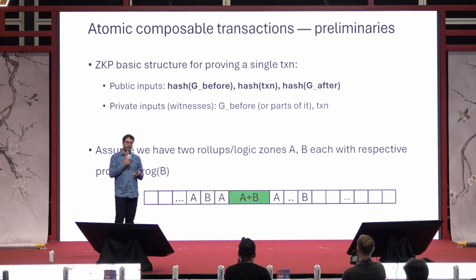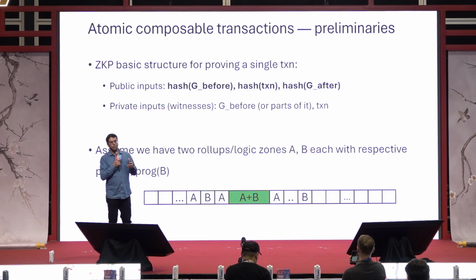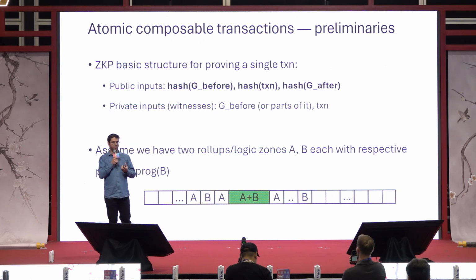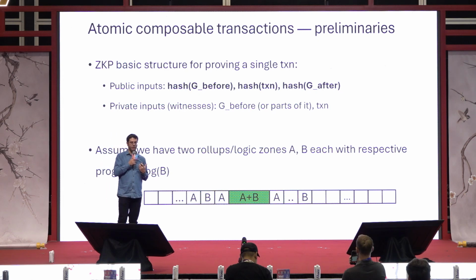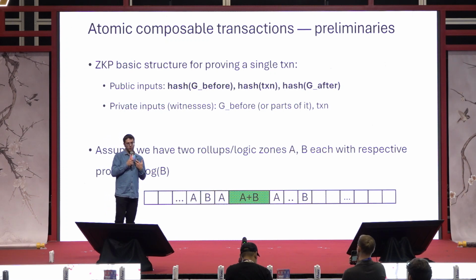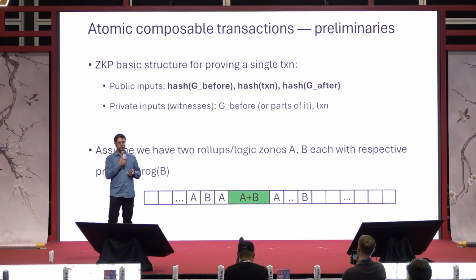So in order to zero knowledge proof it, I would build a public interface with all the minimal data the verifier would need in order to verify my claim, which would include the hash of G before, the hash of the transaction itself, the operation, and the hash of the global state after. And the private inputs, as a prover, you would need to actually provide witnesses to G before or parts of it and actually provide the transaction itself. And then you execute a prog and you show that you reached G after, which fits the hash of G after of the public input.